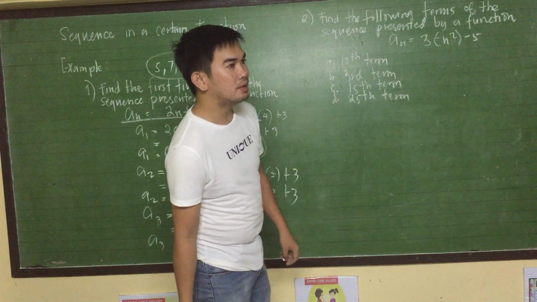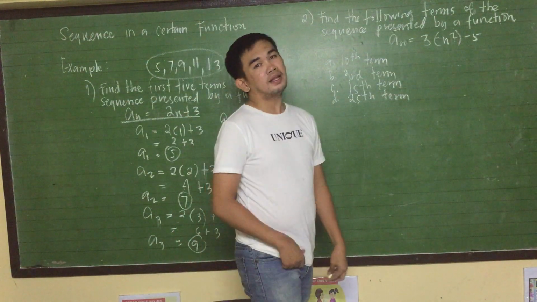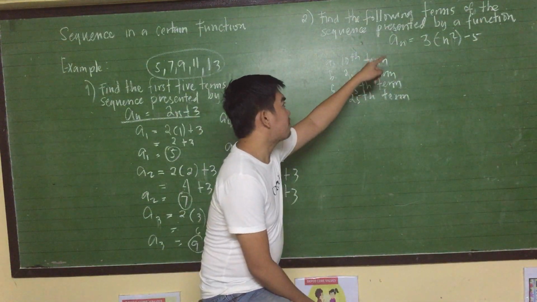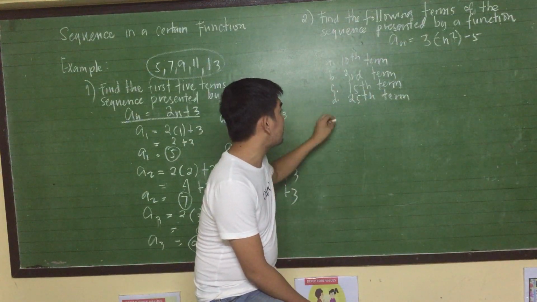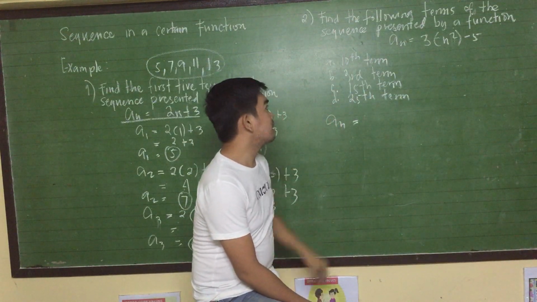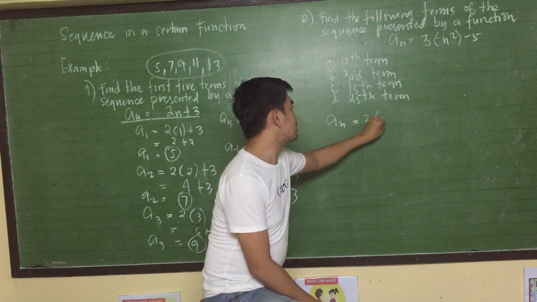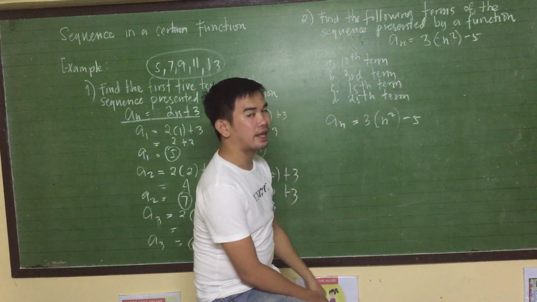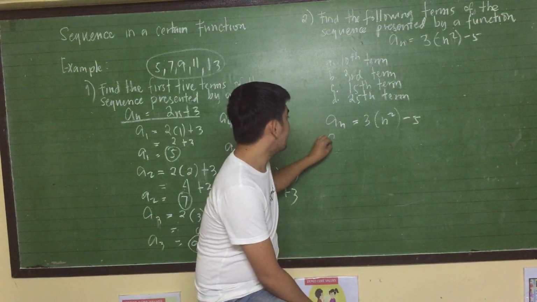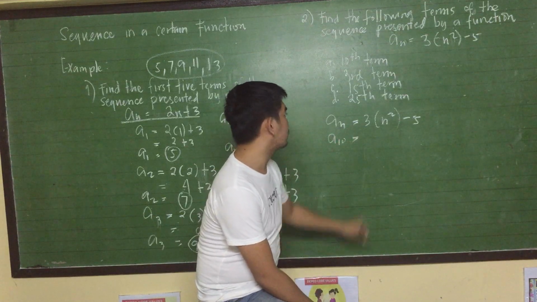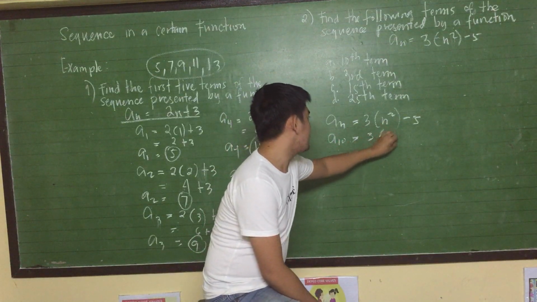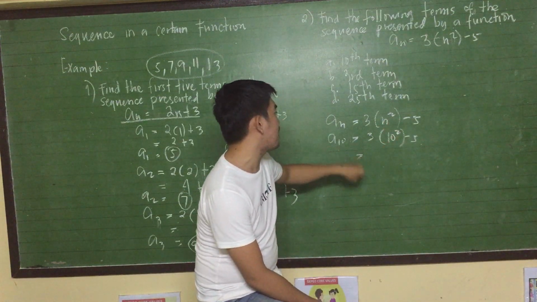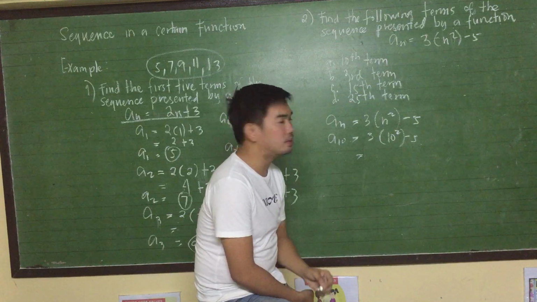By the 10th term, we will just substitute the value of 10 in n. So using the same function presented in this example, a sub n is equal to 3 times n raised to 2 minus 5. If we are looking for the 10th term, then a sub 10 is equal to 3 times 10 raised to 2 minus 5. Let's do the math.